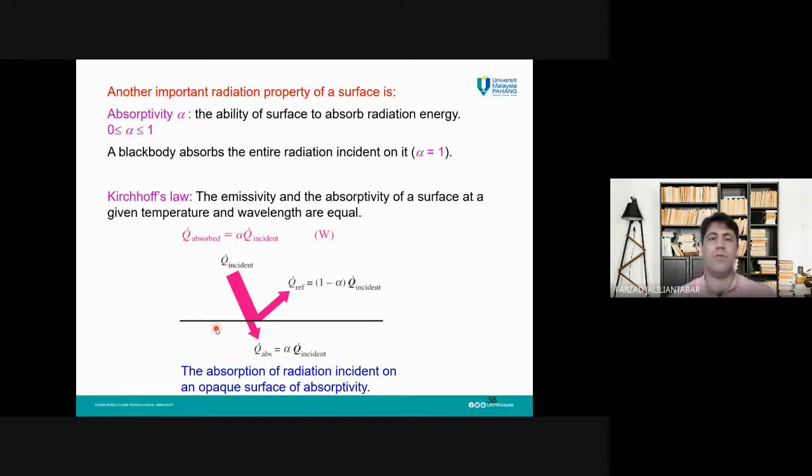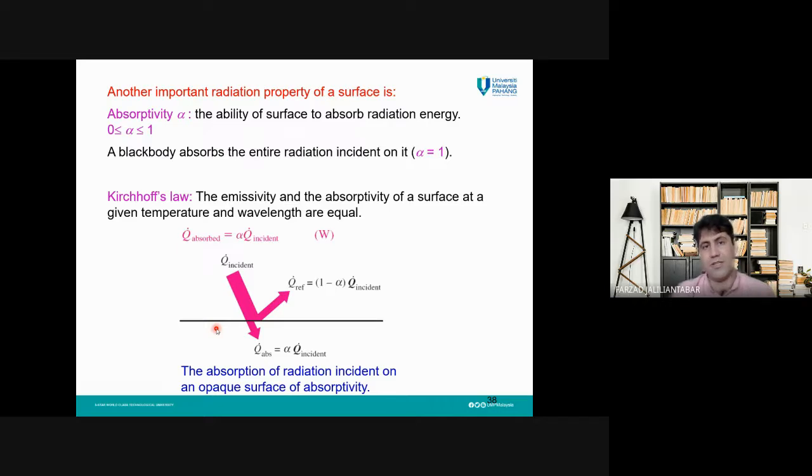This happens all around us, and this is the reason why, for example, when the radiation of the sun reaches the Earth's surface, even the surfaces which are not directly exposed to the sunlight, the temperature of those surfaces also increases due to the radiation. Because when radiation reaches a surface, some of that is absorbed, which causes an increase in the temperature of that body.